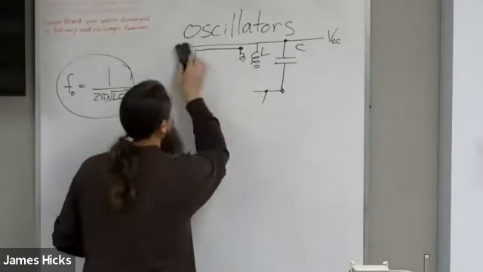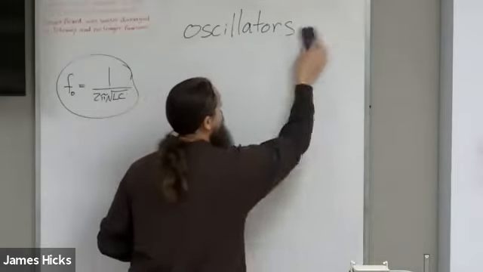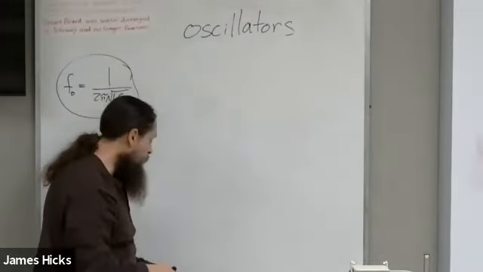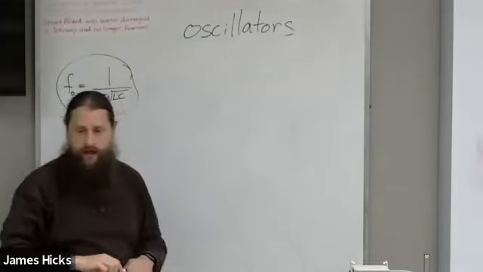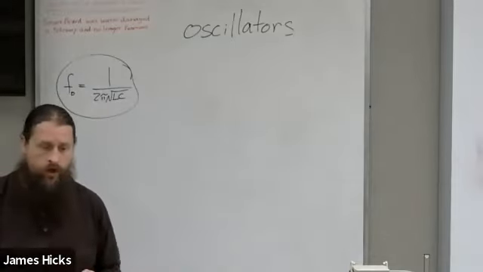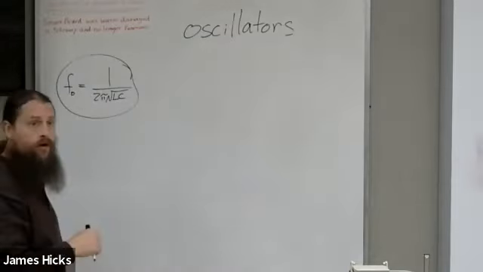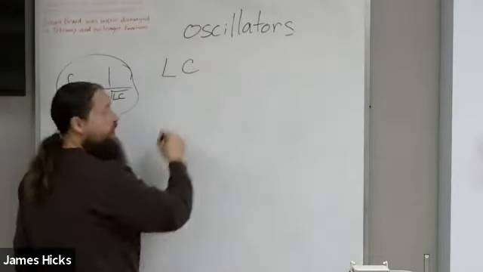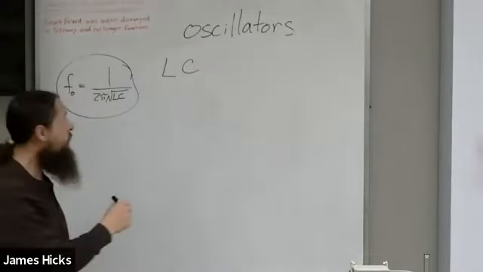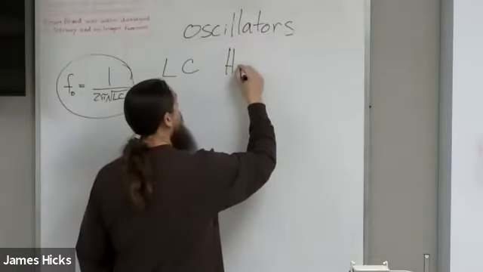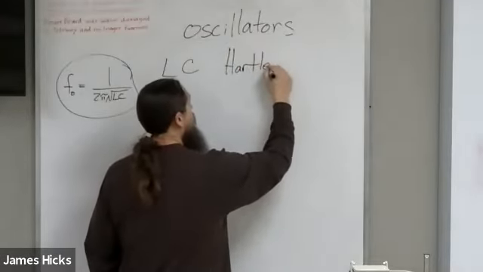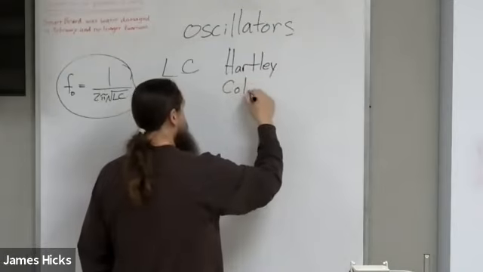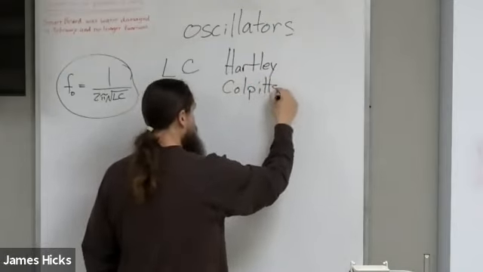There's a lot of ways that we can do this, and I just want to give you the two probably most common types of oscillators. They use an LC tank.